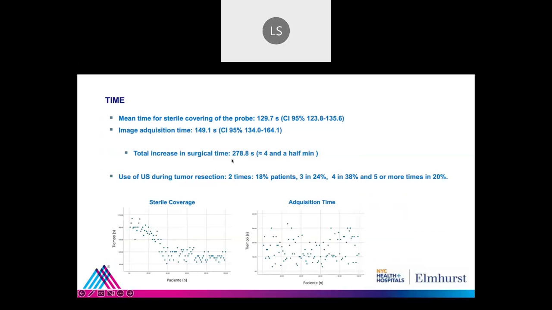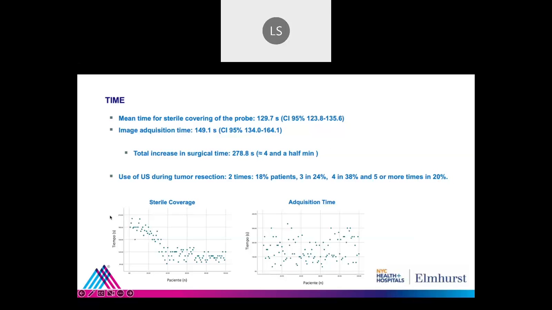So the total increase in surgical time was about 4 and a half minutes. We used the ultrasound 2 times in 18 patients, and usually the most we used it was 4 times. That was our usual number, and sometimes 5 or more times in 20% of the patients.